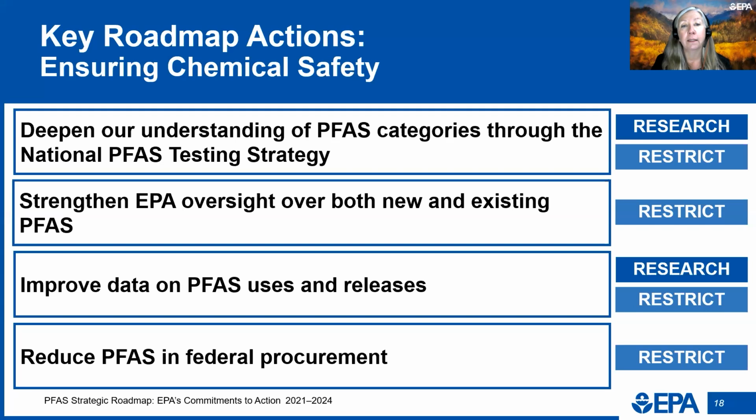Third, EPA is collecting data and improving reporting on how PFAS are used and released. Under TSCA, we're working on a final rule to better characterize the sources and quantities of manufactured PFAS in the U.S. This final rule would collect significant new information on chemical quantities, byproducts, worker exposures, and disposal methods.